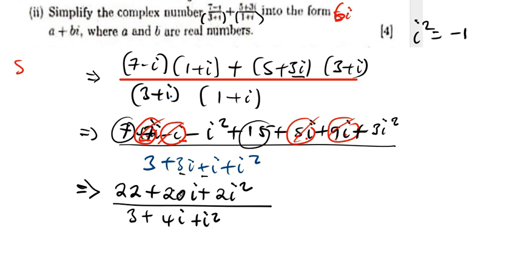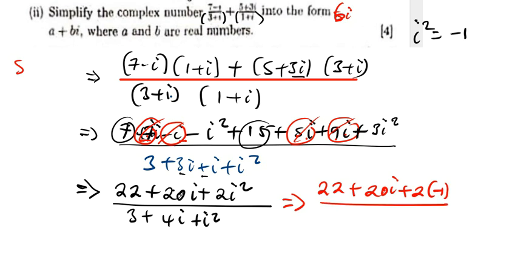When we reach this point, we can start replacing what we know. So we have 22 plus 20i plus 2i squared, over 3 plus 4i plus i squared, where i squared is replaced with negative 1.